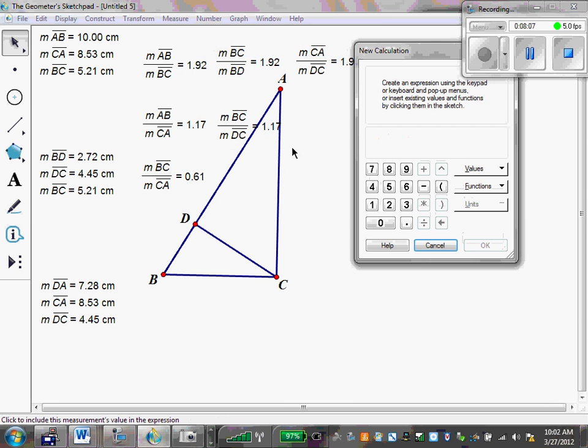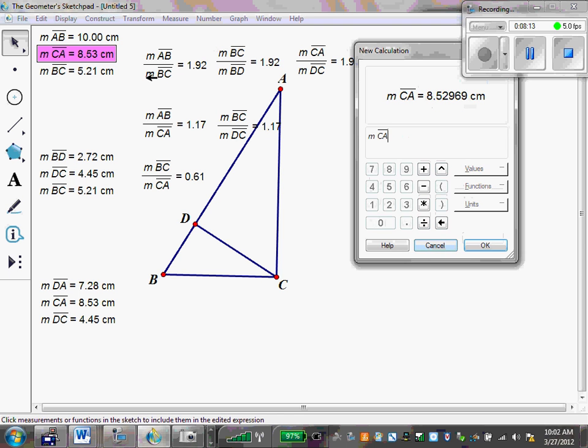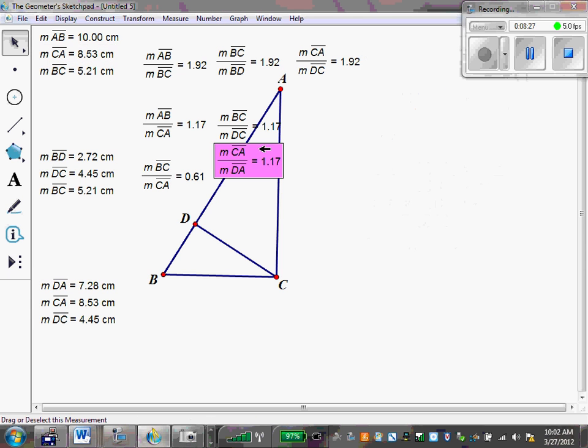So I'm going to check the other leg, which is AC, or CA as it's written here, and divide it by the longer leg of this right triangle, which is going to be AD. So it appears that we have two similar triangles there.